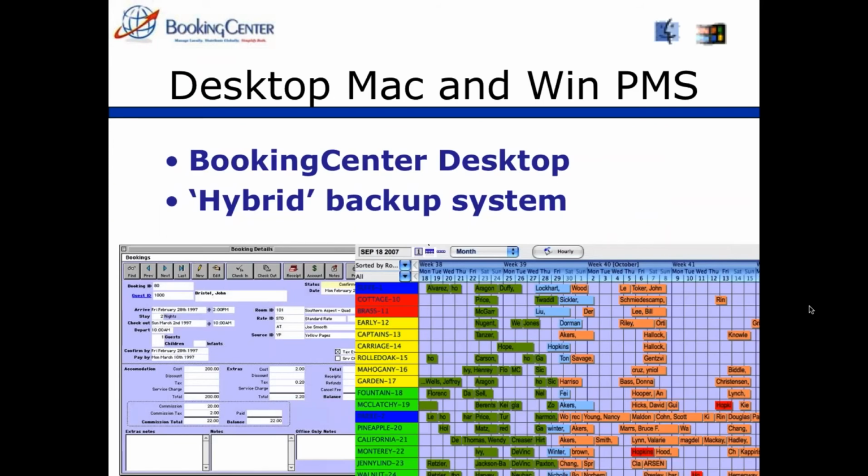This is what we call the desktop system. So this is going back to software that you would install on a Macintosh or a Windows machine. And this can either be connected to other services outside of the property, or it could just be for the property's day-to-day management. Starting about 7 or 8 years ago, hoteliers, for the most part, stopped buying desktop systems because when they purchased them, that means they also had to purchase servers.